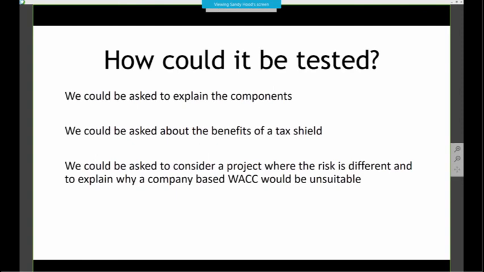Then you've got an opportunity to explain that you're moving into an area where the business risk is different from the business risk of our own. And as we did in the previous class, looking at the Modigliani-Miller approach to WACC, you would then have to look at re-gearing the beta, so that you come up with a useful discount rate that takes account of the different level of risk in the different area that you may well be expanding into.